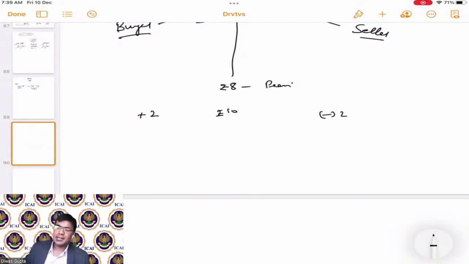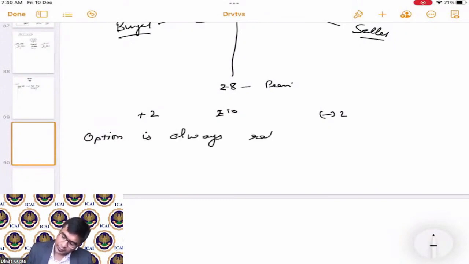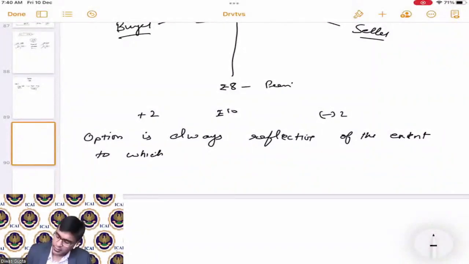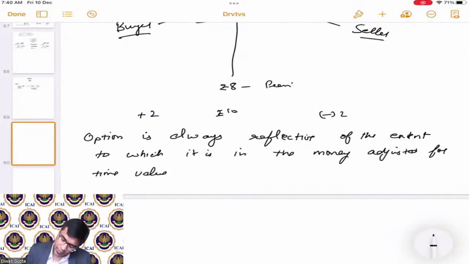So just remember this line. Option premium is always reflective of the extent to which it is in the money, adjusted for time value of money.